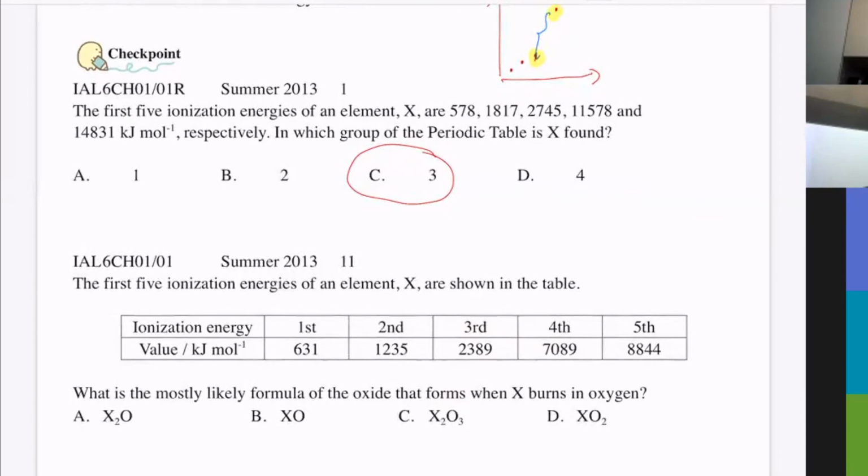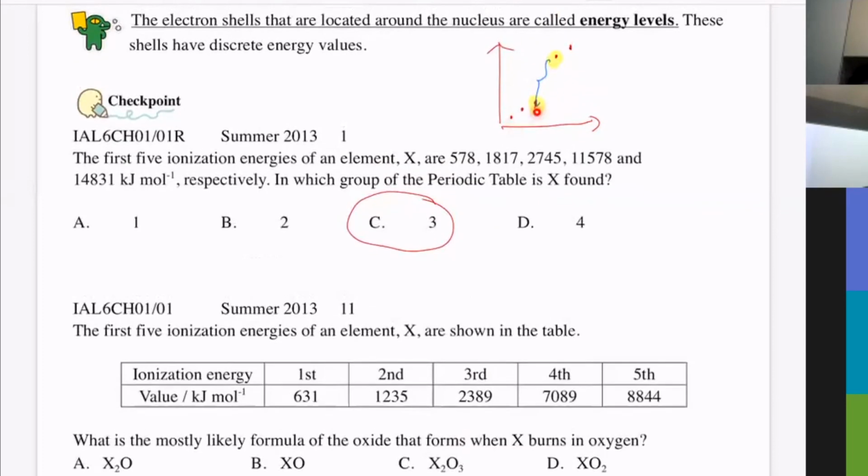Again, we're going to try to find the big gap between the ionization energies. For example, we could plot a diagram like this and see where the gap is. We're working backwards. The first ionization energy is 600 something, and then 1,200 something, and then 2,000 something. And then the fourth one is 7,000, so roughly at this part, and then 8,000.